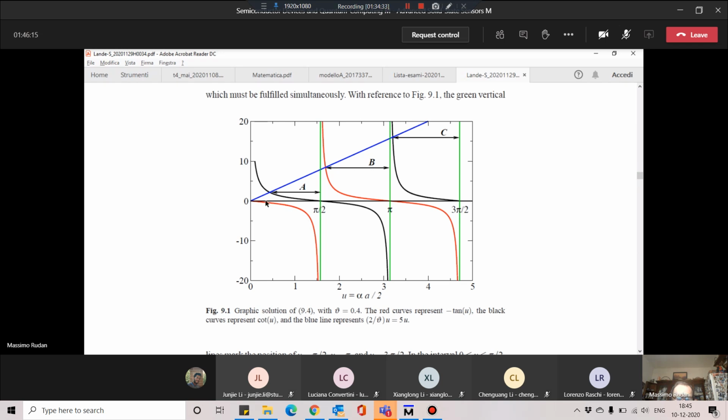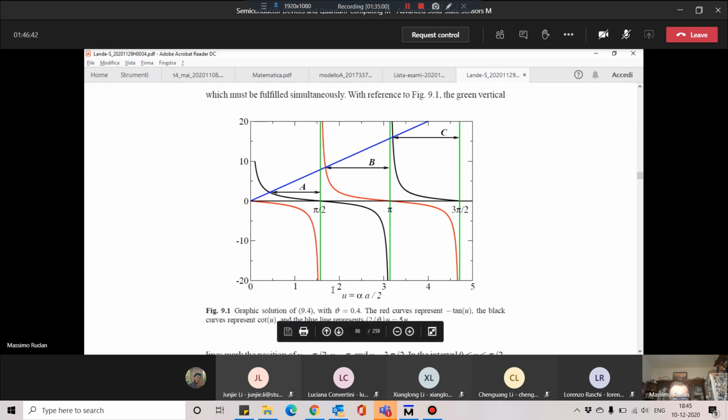Instead, if we go near the origin, the blue line is still above the red line, but it is below the black line. So we don't have solutions here. So the horizontal extension of this arrow marked with A is the extension of the first band in the units of U.